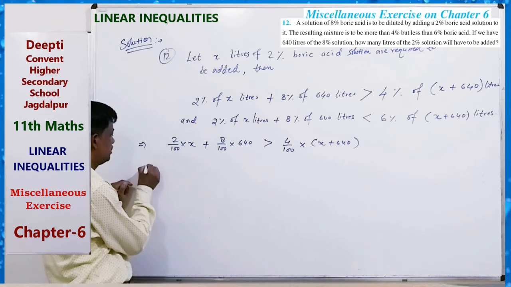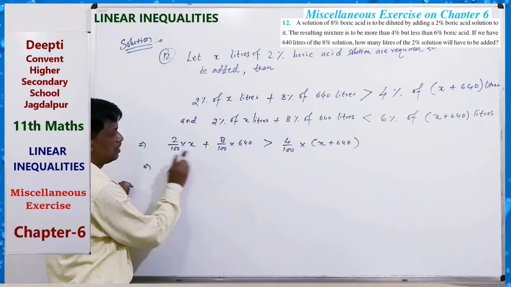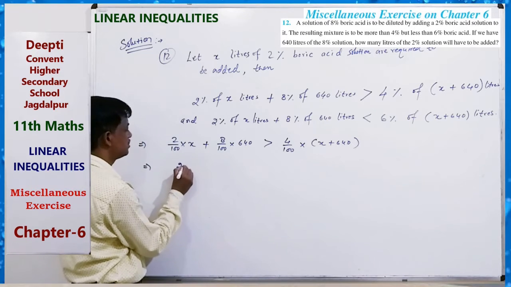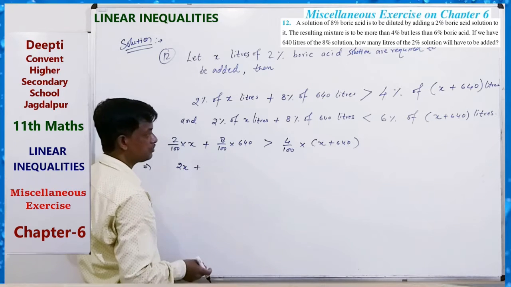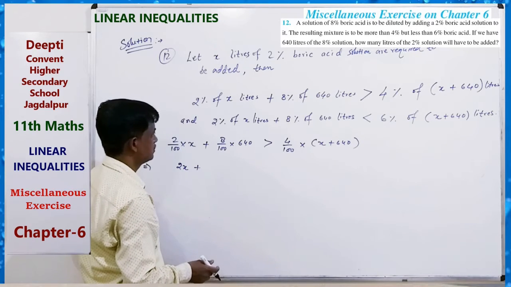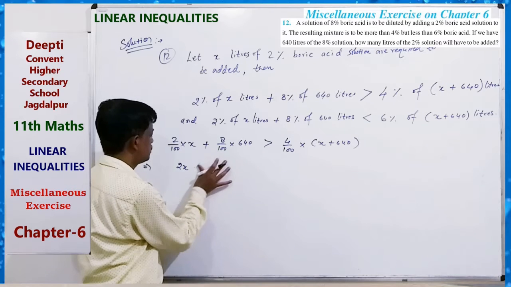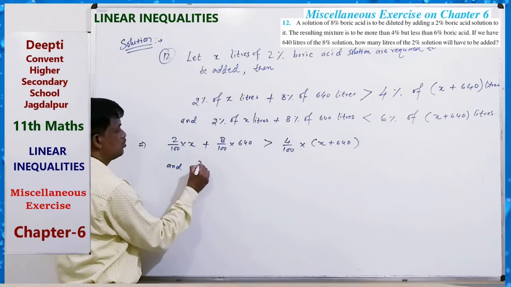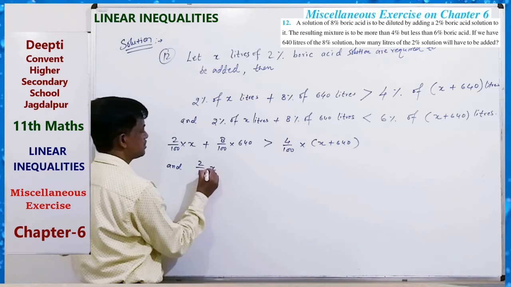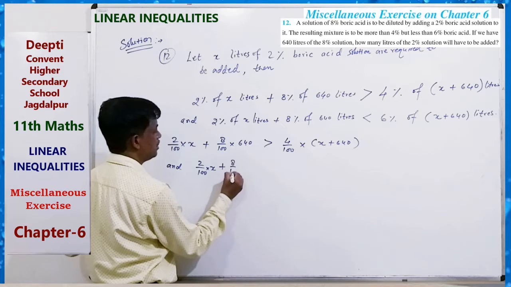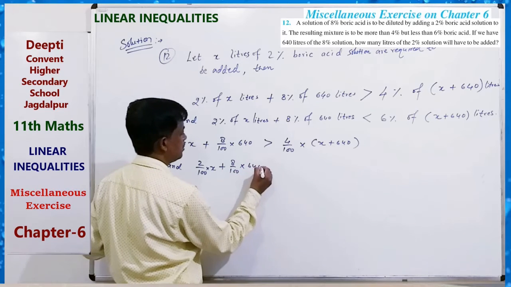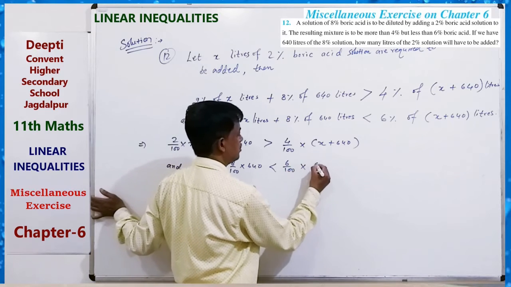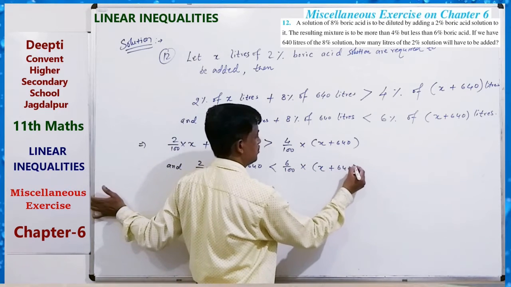Just solve the first one. We can multiply by 100, then we can get 2x plus, just solve it directly. And also 2 by 100 x plus 8 by 100 into 640 is less than 6 by 100 into X plus 640.